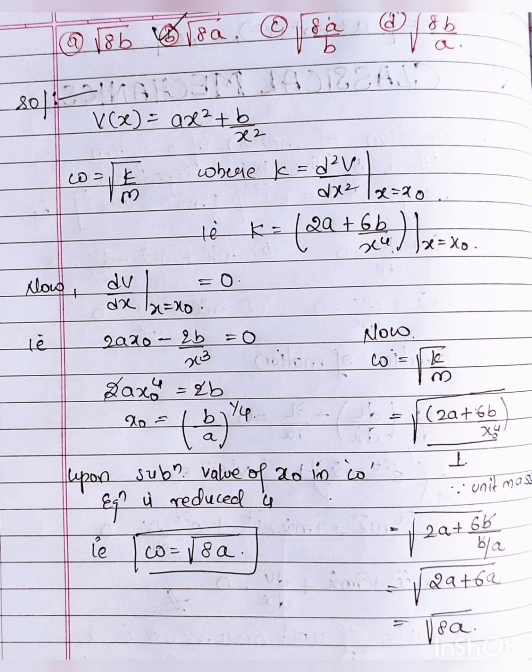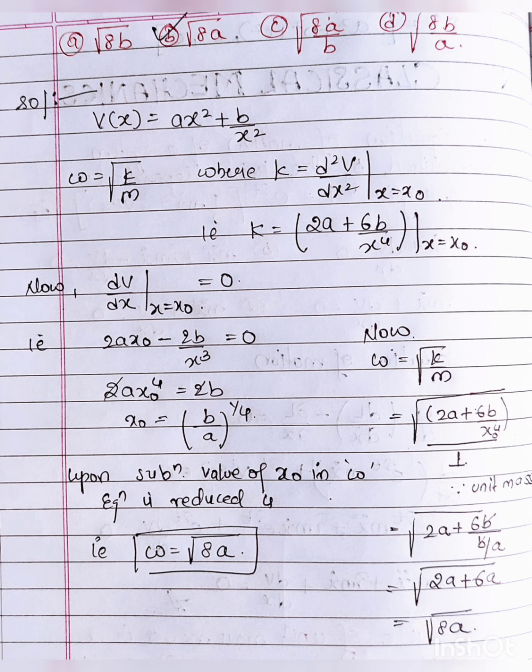Taking the x cube to the other side, that will be reduced to 2a x naught to the power of 4 is equal to 2b. Now the value of x naught is equal to b by a, the whole power of 1 by 4.